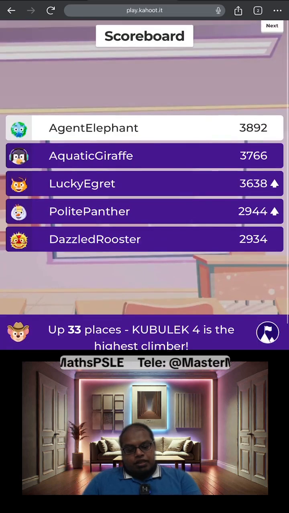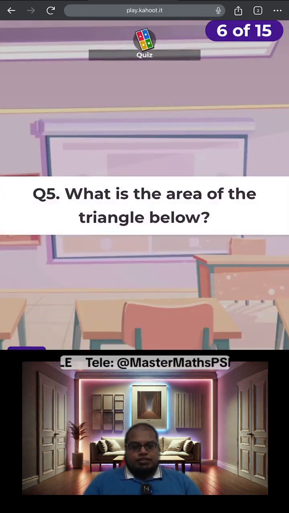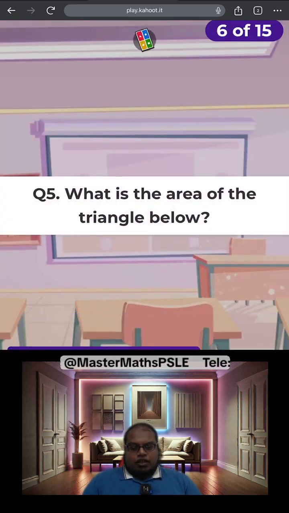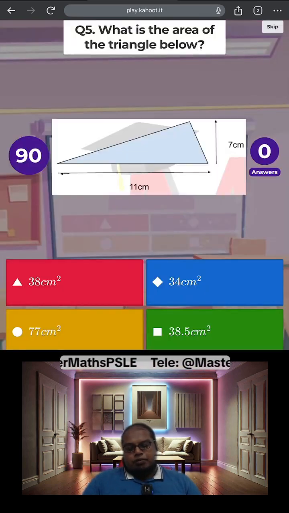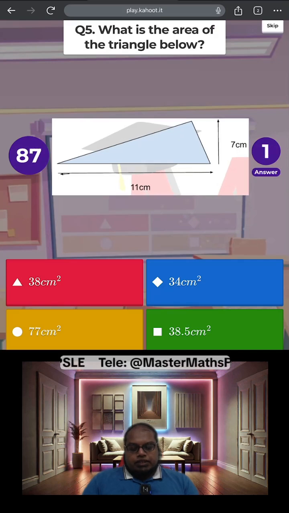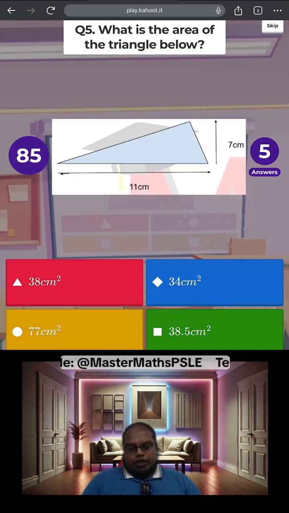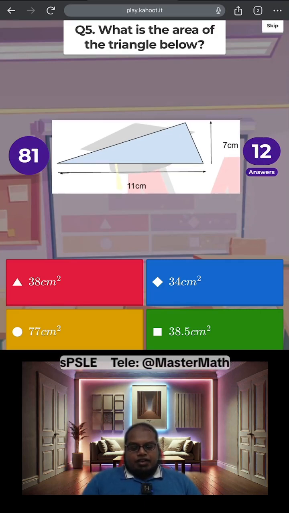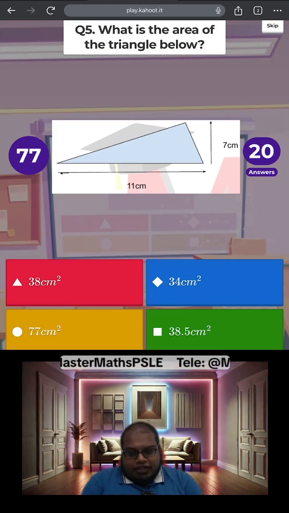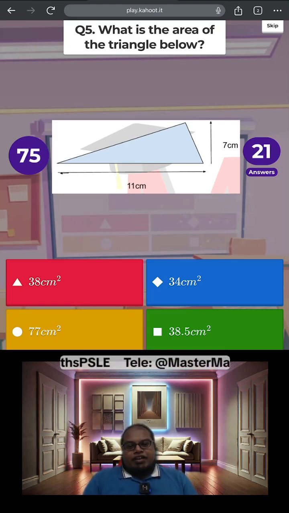Next, let's go to the next question. What is the area of the triangle below? This triangle, what is the area? Which one? Is it 38? Is it 34? Is it 77? Or is it 38.5? Alright, as long as it doesn't show up on the podium, I guess you are fine.